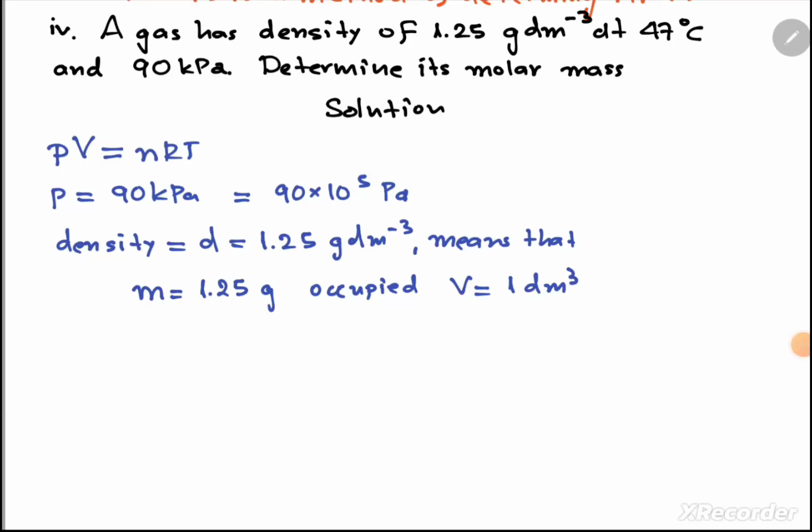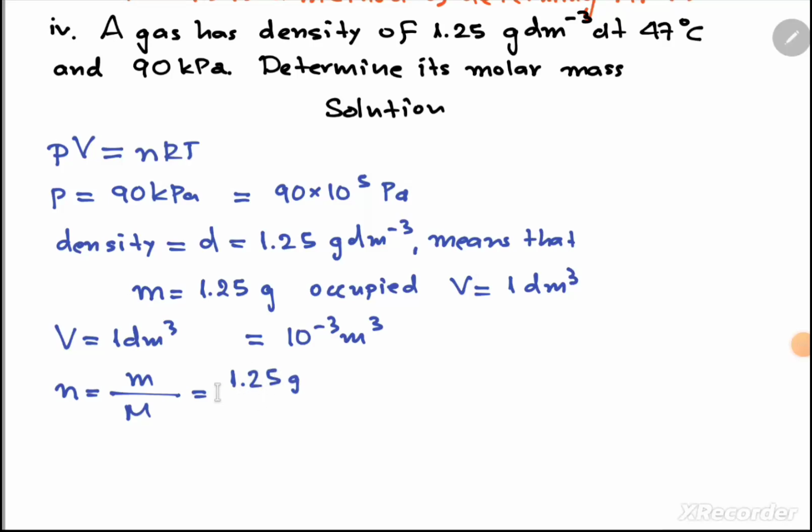So we can say that if we have volume 1 dm to the cube, you have to convert to meter to the cube. So we have the meter to the cube, and from the mass we find the number of mole. So we have 1.25 grams divided with molar mass. Also we have the constant gas, which is given, of course, and the temperature in Kelvin degrees.